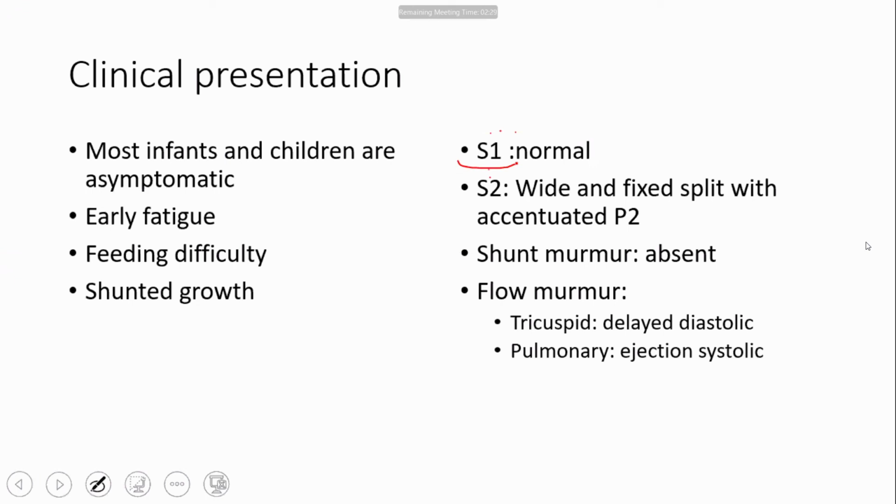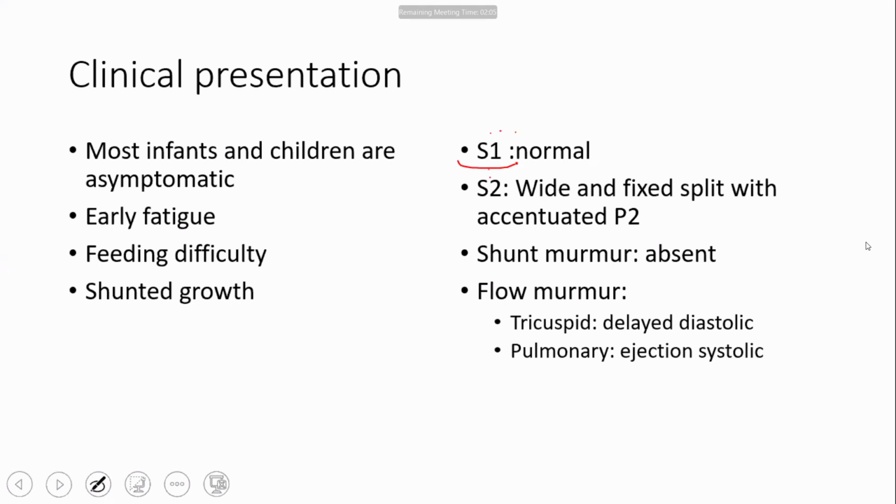What is S2? What forms the second heart sound? Closure of the semilunar valves, that is the aortic and pulmonary valve. Now there is increased blood flow in the pulmonary trunk. When there is increased blood flow in the pulmonary trunk, P2 will be loud.